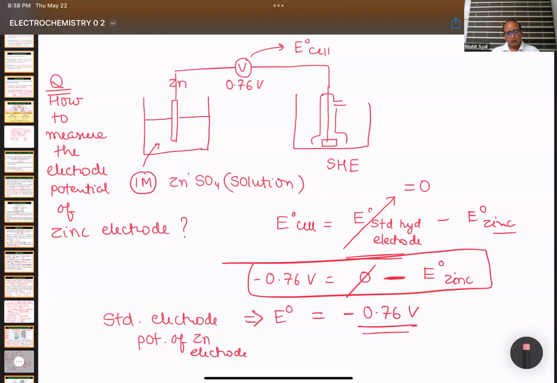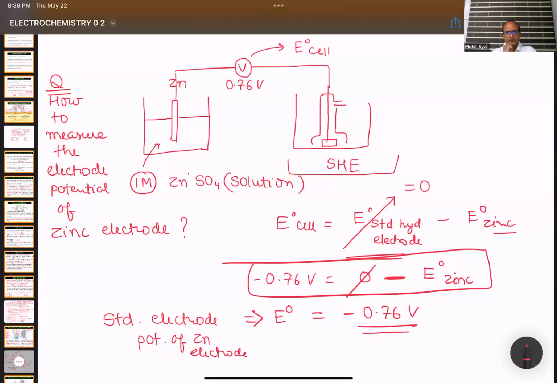Ibrahim, you asked me what is the need of it? Why can't we measure the electrode potential of simply a zinc electrode? Because the electrode potential of the hydrogen electrode is 0, so there won't be a potential difference, I think. Exactly. If one is assigned as 0, then it is easier to get the value of the other one.